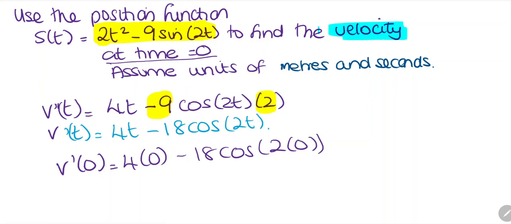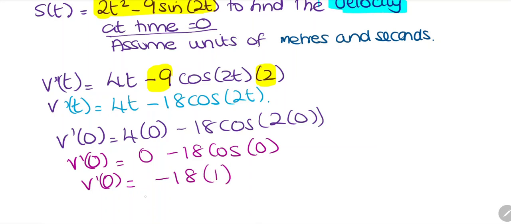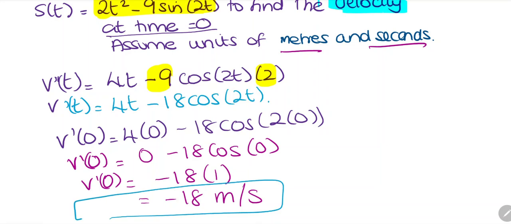So the velocity at 0 is going to be 0 minus 18 cosine of 0. Now cosine of 0 is going to be 1. So we're going to have minus 18 multiplied by 1, which is negative 18. And this is in meters and seconds, so our answer is going to be meters per second.